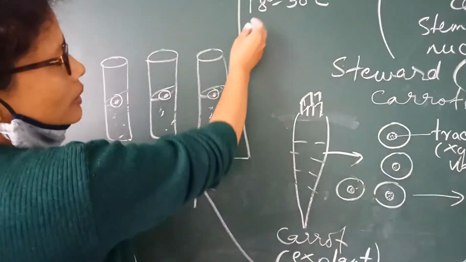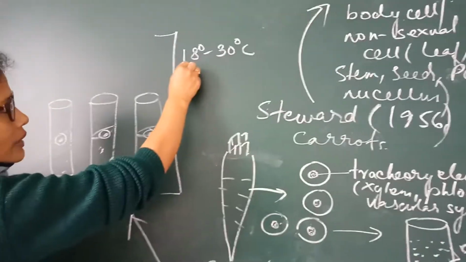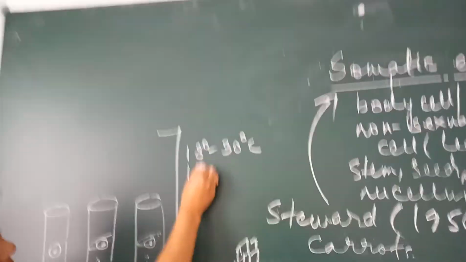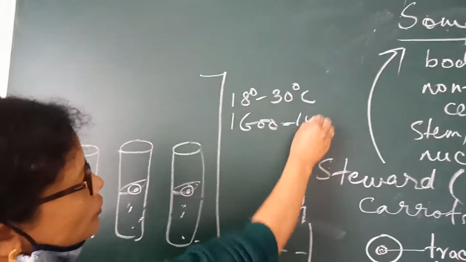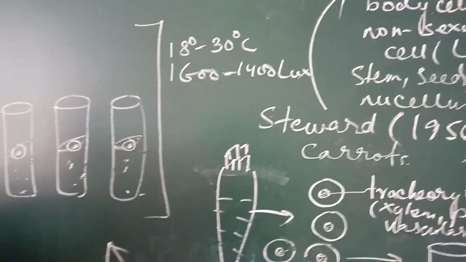And then in the presence of a high light intensity of about 1600 to 1400 lux. That is the light intensity.